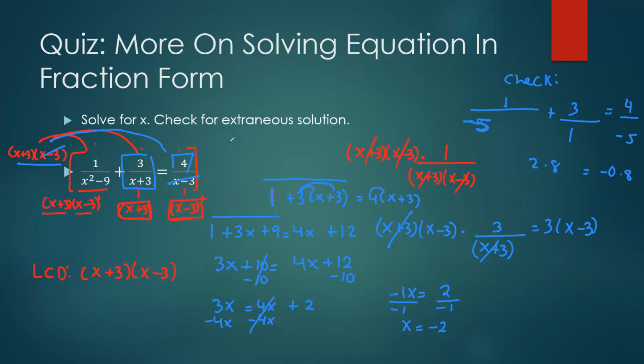Maybe negative 2 squared is not positive 4. It's maybe negative 4. Let me try negative 13.